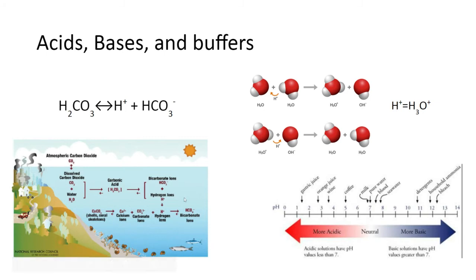And so this is very important because if we have more hydrogen ions in the water, then more calcium carbonate will break apart, which means that we can have fewer shells and coral skeletons, which can damage that ecosystem.